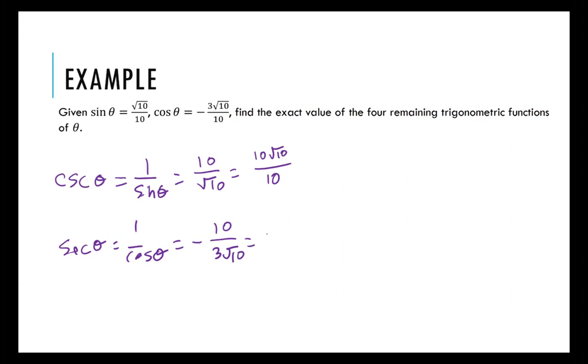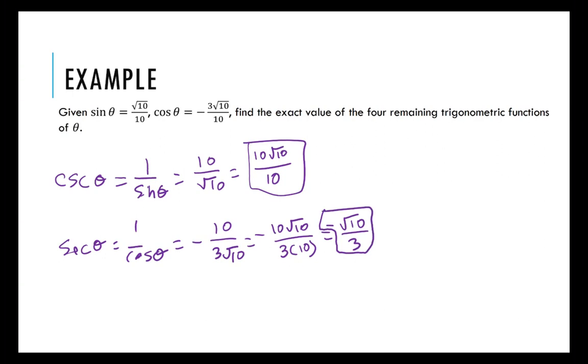Or you could rationalize, and that would be 10 root 10 over 3 times 10, but that would reduce, and that ends up being root 10 over 3. Watch my typo. It was negative, and so it has to remain negative. So I've got cosecant, I've got secant.